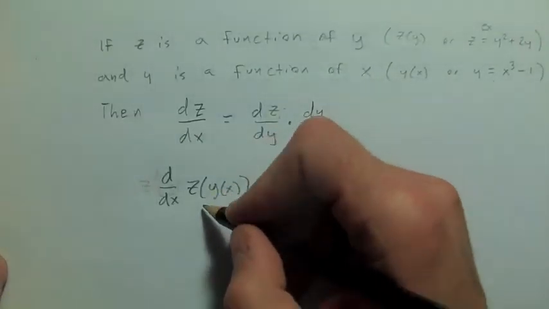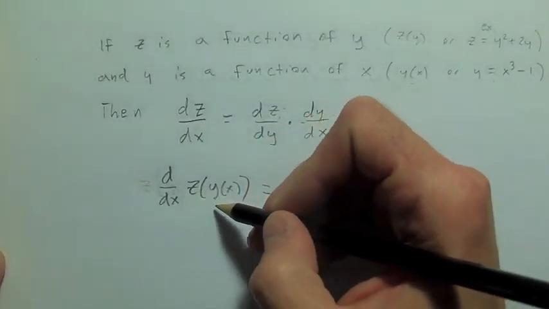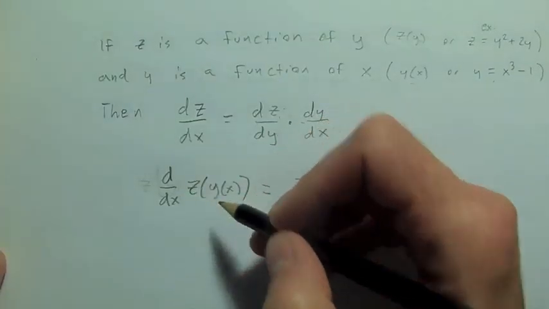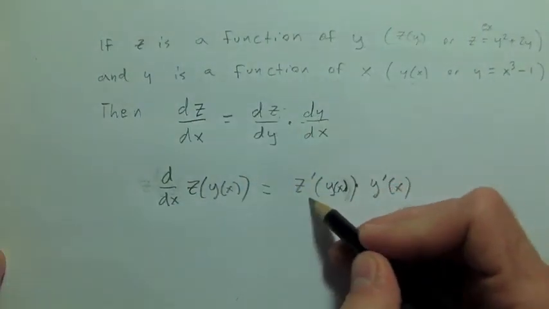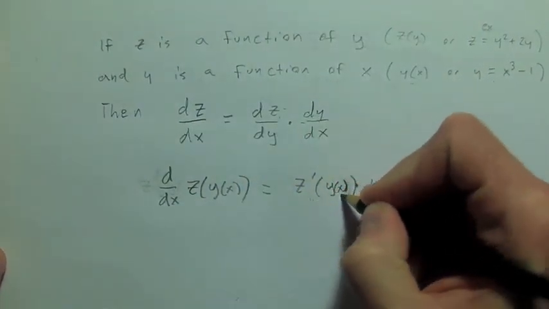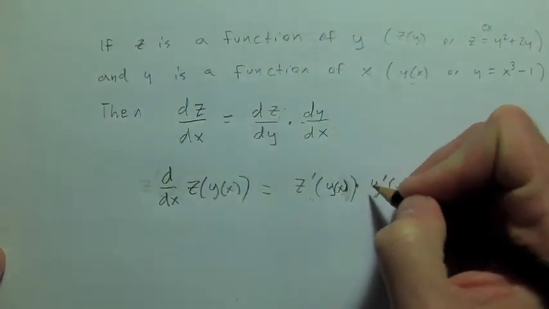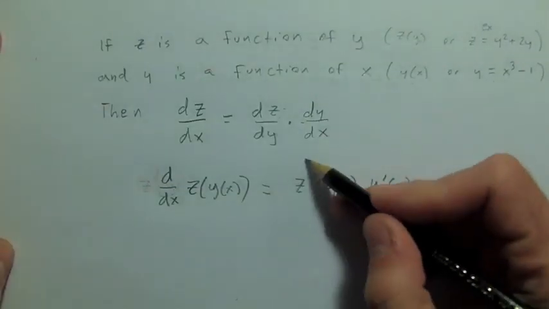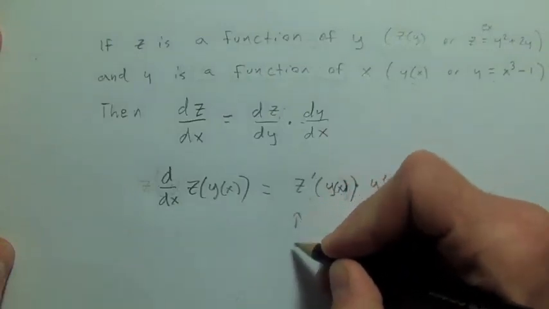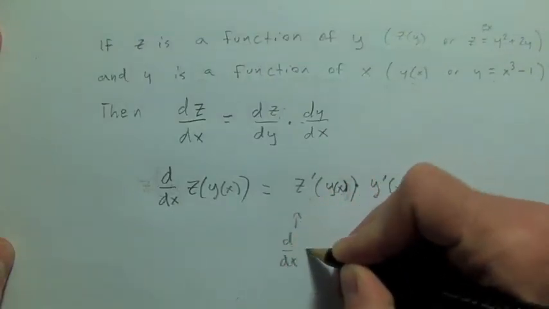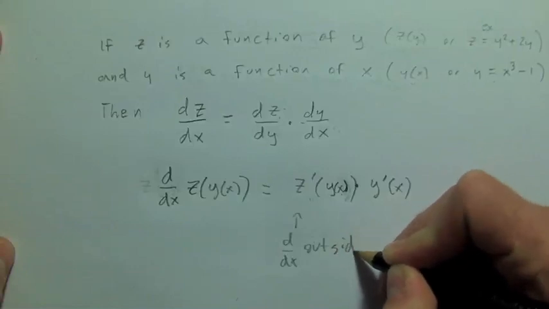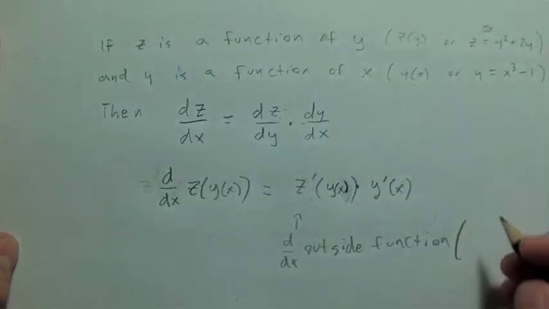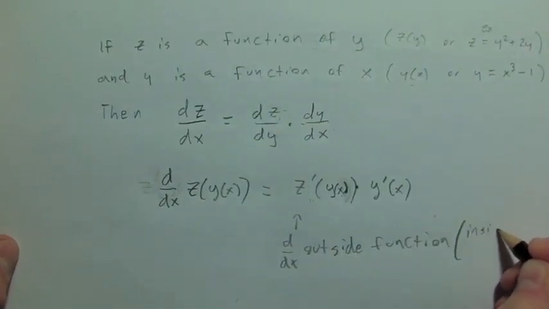Another way to think about this is if you have a composition z of y of x, if you take the derivative of that, it's going to equal z prime of y of x, okay, times y prime of x. Okay, so what this is essentially saying is this is the derivative of the outside function with the inside function left alone.